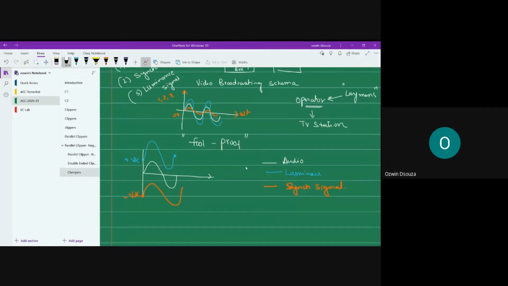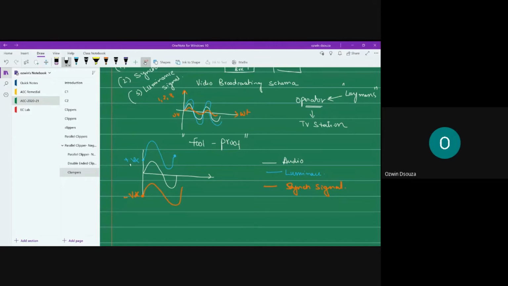Sometimes you must have seen on your television that there is no proper sync between video and audio. Whenever this sync problem comes up, the operator can communicate the problem to the station master.